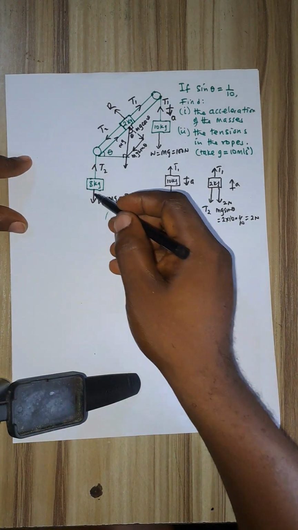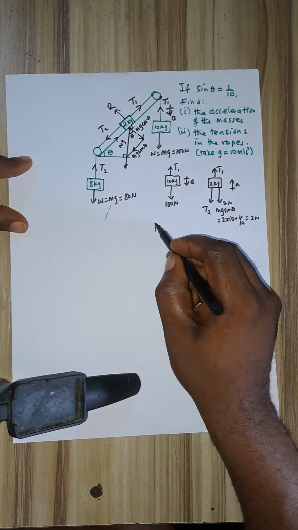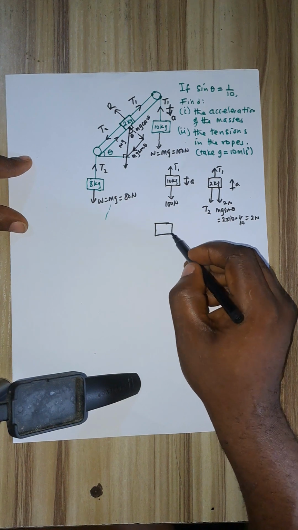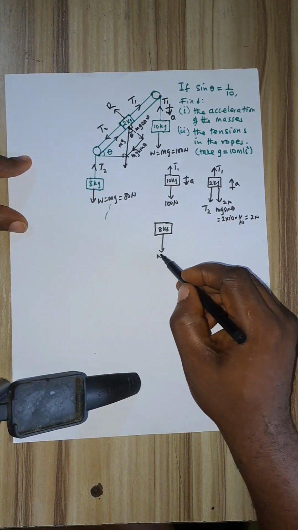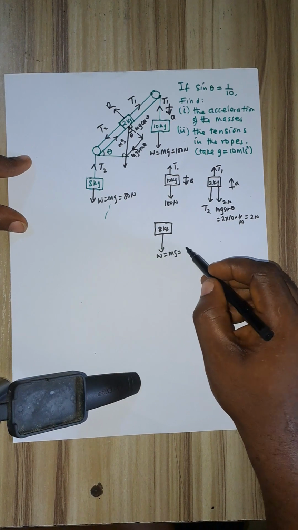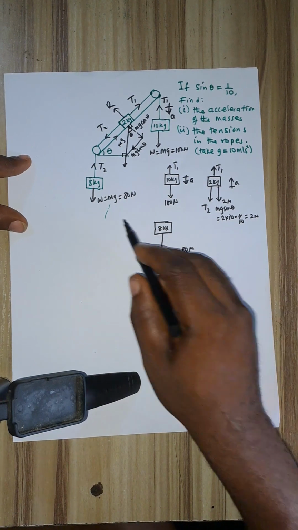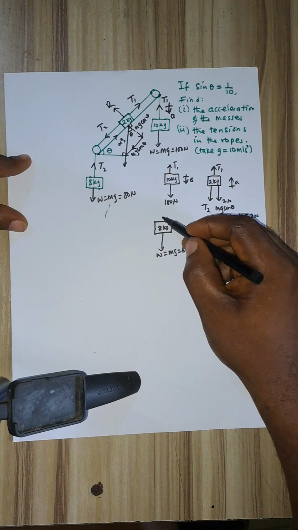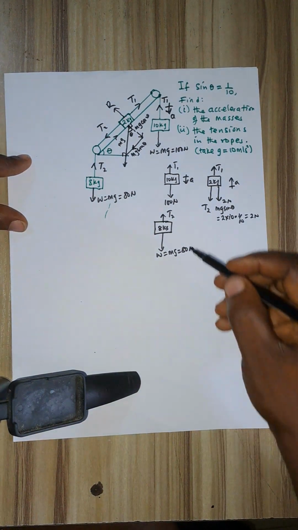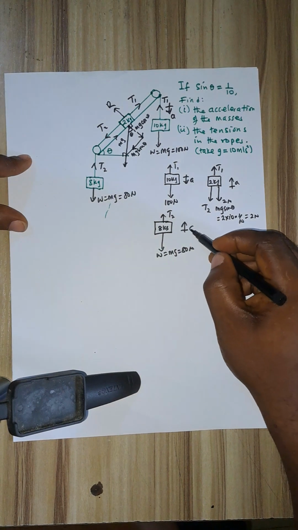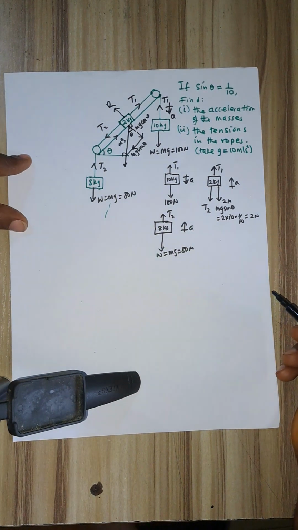With respect to the 8 kg mass, the force diagram will be, this is 8 kg. The weight is acting vertically downward, so the weight mg is 80 Newton. We know already. Now, the other one acting is T2. And again, acceleration is in the opposite direction.